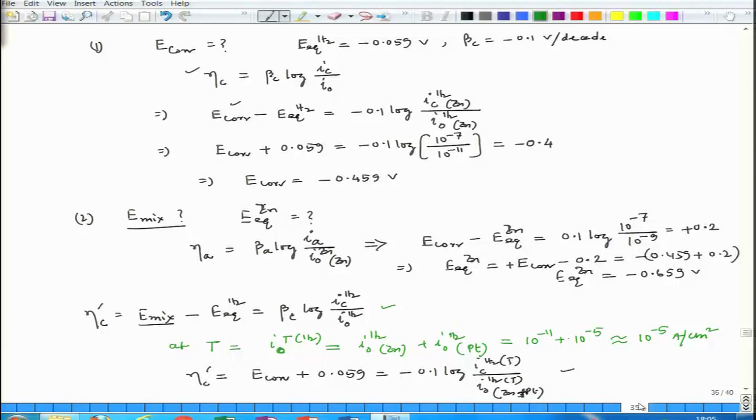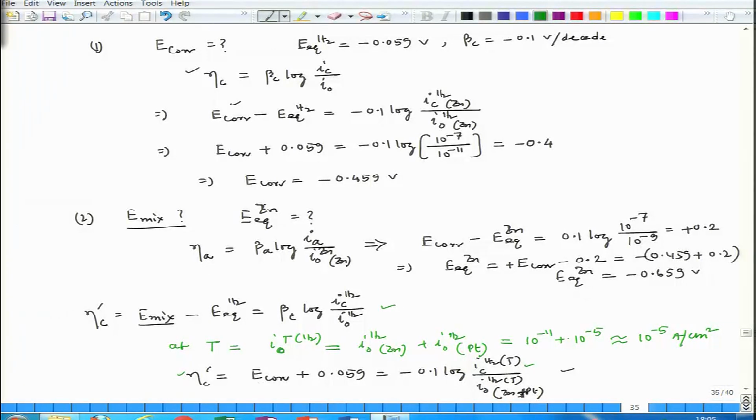And here it is the total I_C of hydrogen evolution, which is nothing but the addition of the two current densities corresponding to hydrogen evolution reaction on the zinc as well as the platinum surface, and this is nothing but the overvoltage.